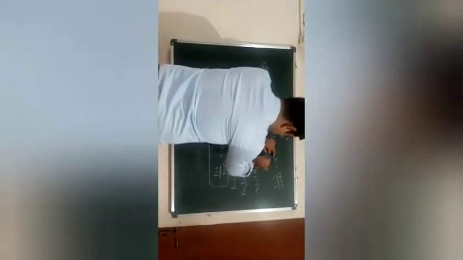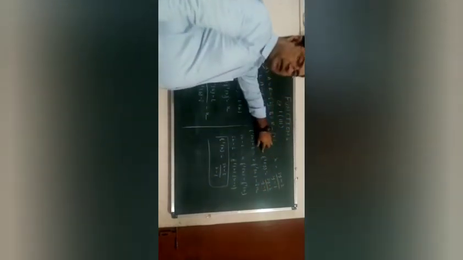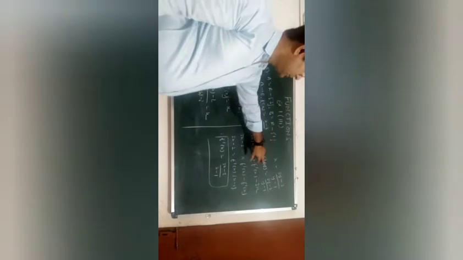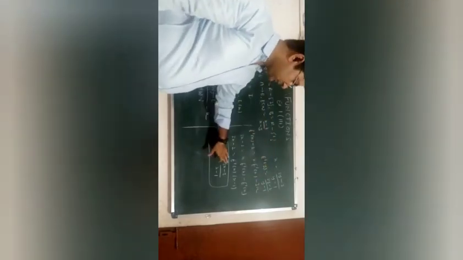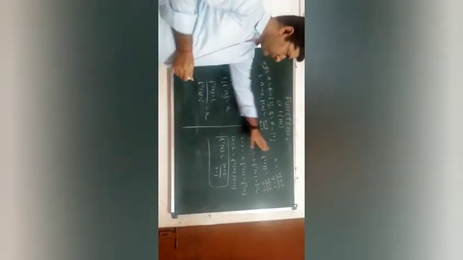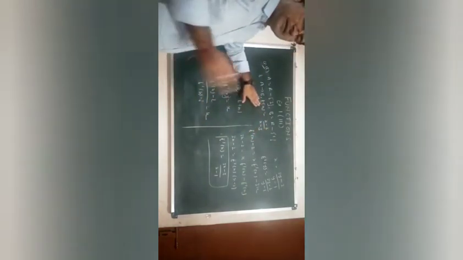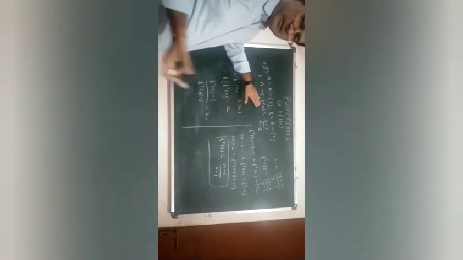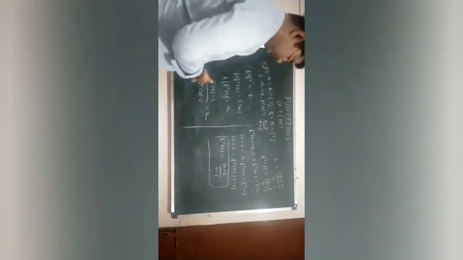Then replace x by f inverse y, so you will get this equation, and finally if you substitute x for y, we will get f inverse x is equal to (3x minus 2)/(x minus 1). So both ways you can solve. I think this will be easier: putting y for f of x and making x the subject, then substituting x for y. Please note down.